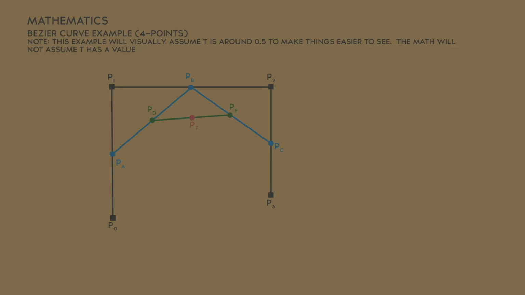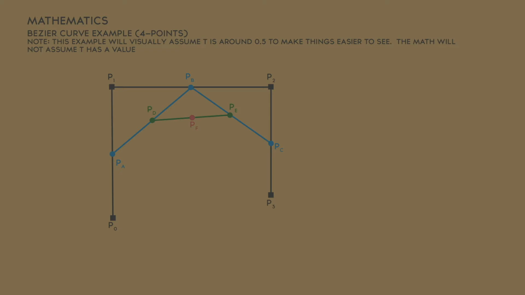In the example we just performed, we started with 4 points. So we initially did a LERP on all 4 of those points, which resulted in a set of 3 points: PA, PB, and PC.